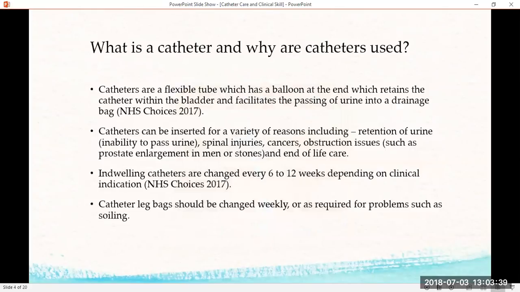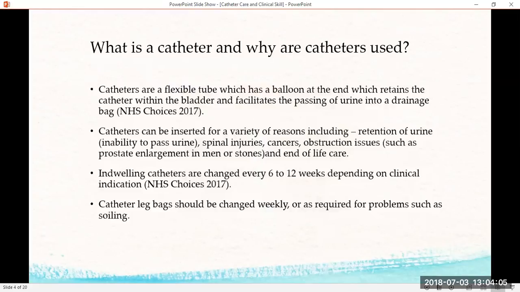There we go. So what are catheters and why do we use them? So catheters are a flexible tube which has a balloon at the end which keeps the catheter within the bladder, and it facilitates the passing of urine into a drainage bag. Catheters can be used for a variety of different reasons, including retention of urine, which is when you're unable to pass urine. A lot of spinal patients will have catheters in situ.